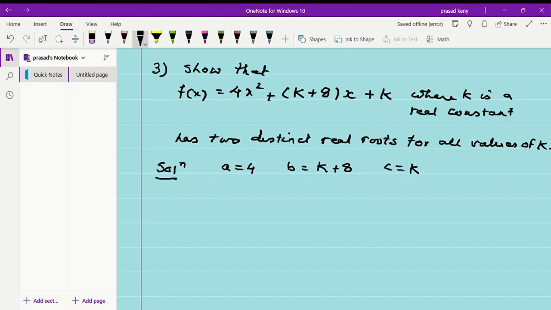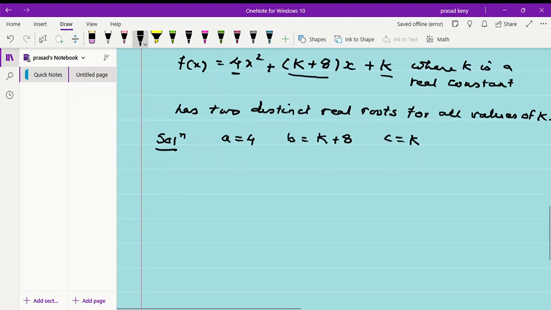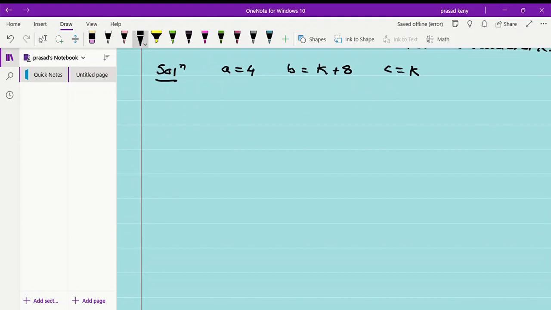A is the x square coefficient 4, b is the x coefficient k plus 8, and c is the constant k. Now keep it in mind that you have to prove that the quadratic equation has two distinct real roots. So don't directly take b square minus 4ac is greater than 0. We have to show that b square minus 4ac is greater than 0.